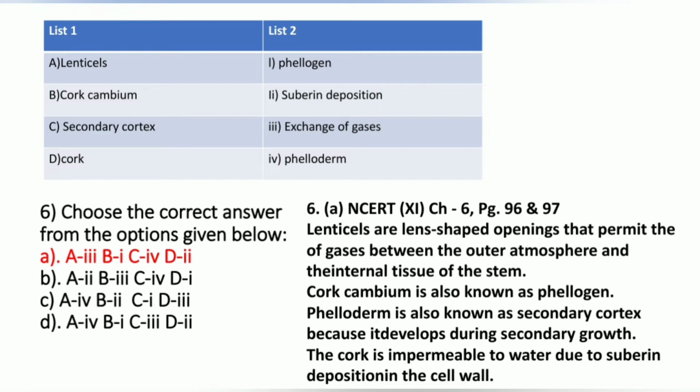Cork cambium is formed during the secondary growth in cortex region. Secondary cortex is also known as phelloderm, and cork is known for suberin deposition. So these are the examples of secondary growth in plant.